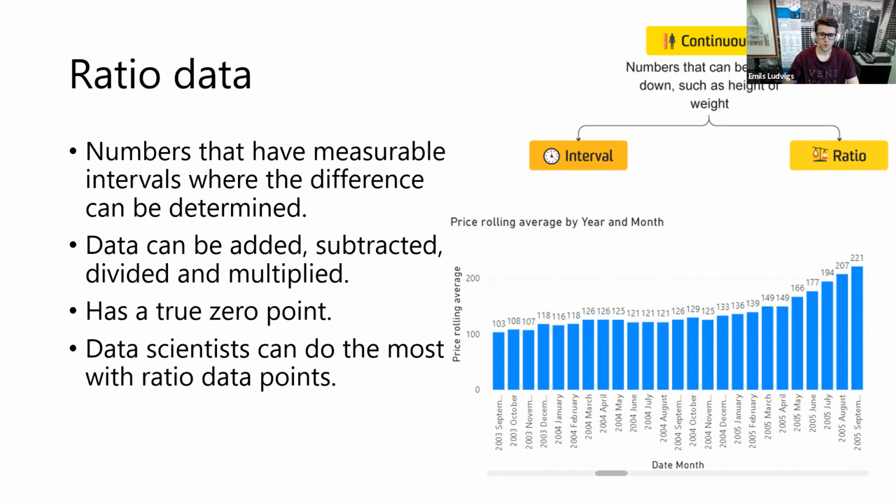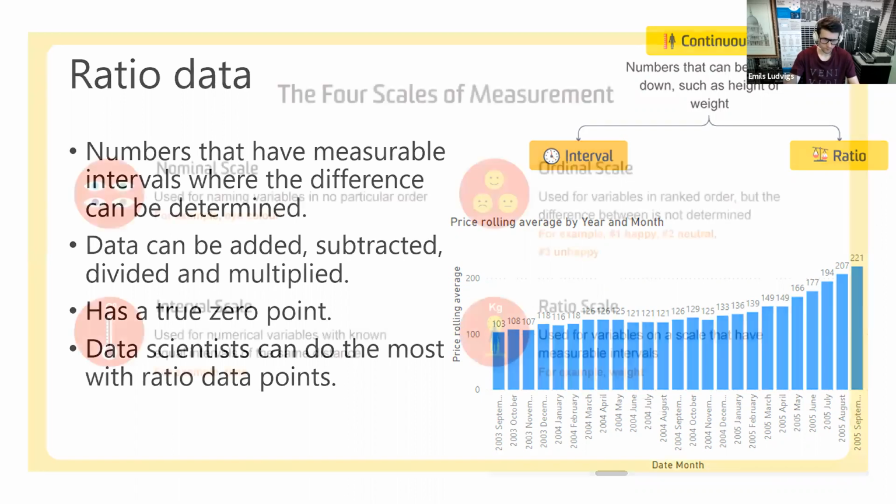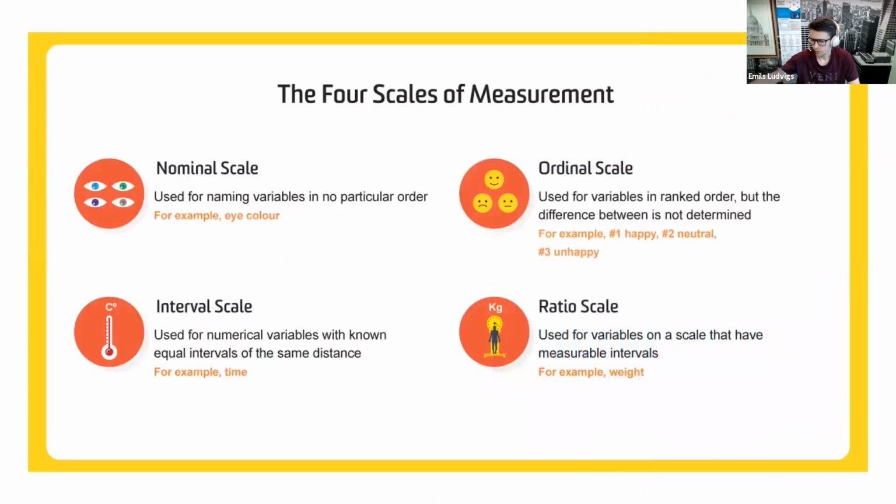And usually, data scientists can do most of the work with ratio data points because they are making different charts. For example, here is a rolling price average by years and months, and we can make different calculations with them.